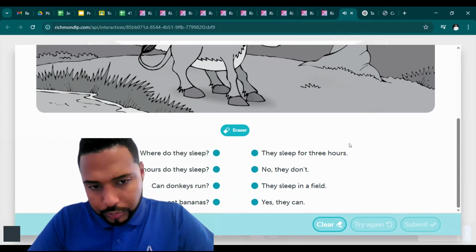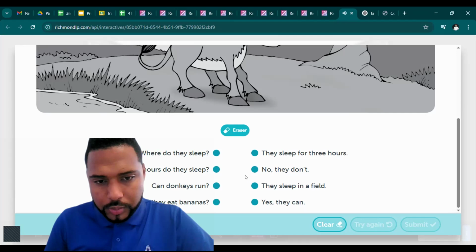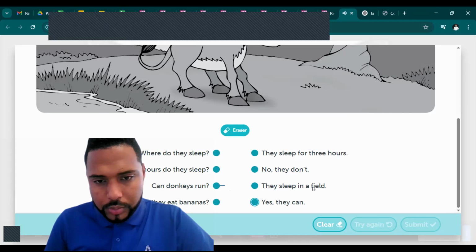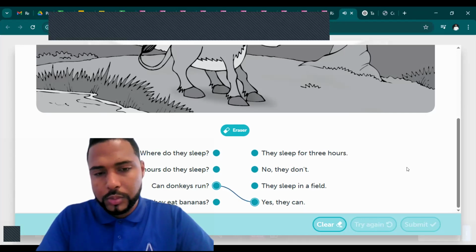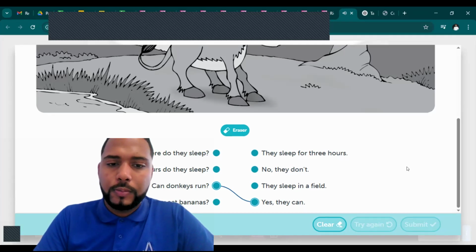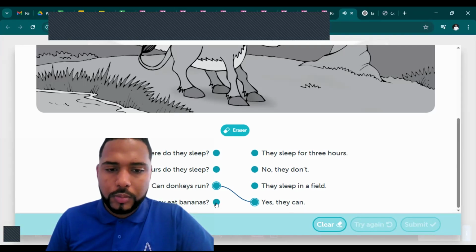Are you ready for the animal quiz? Yes. Okay. The quiz is about donkeys. Question 1. Can donkeys run? Yes, they can. Very good. Okay. Question 2. Do they eat bananas? No, they don't.